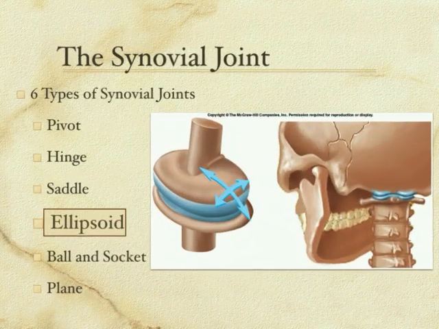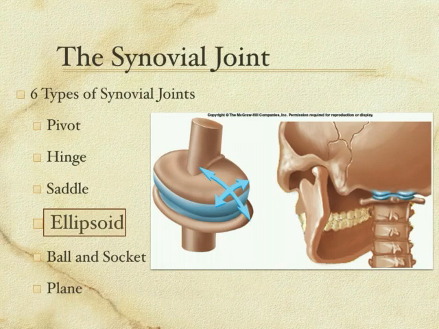Now there is one other biaxial joint, and it's this fourth one on the list, the ellipsoid joint. An ellipse in mathematics is the name that is used for an oval shape, and the ellipsoid joint, as you can see, has two bone surfaces that have an oval shape to them.